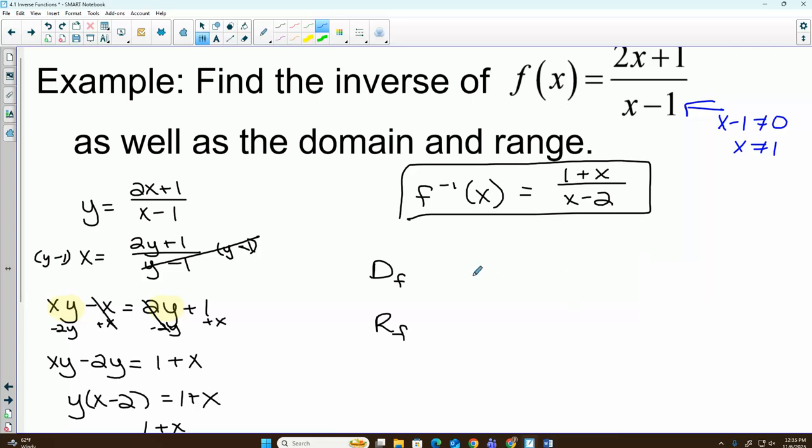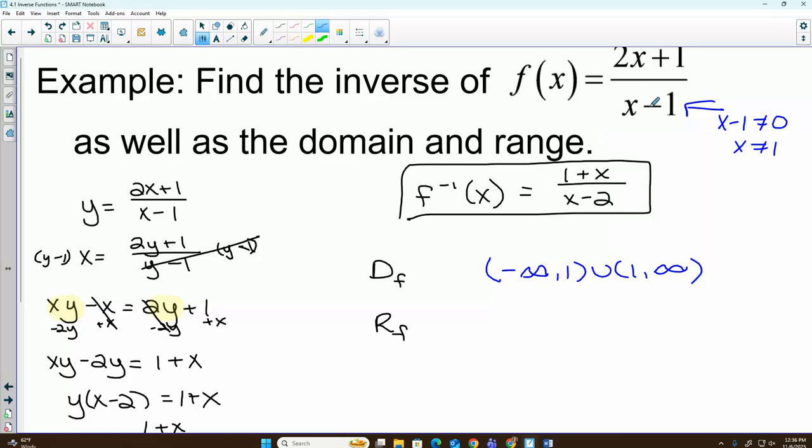So the domain of my function is everything except 1. So negative infinity to 1, union 1 to infinity. Right.